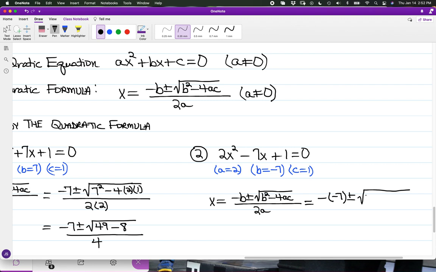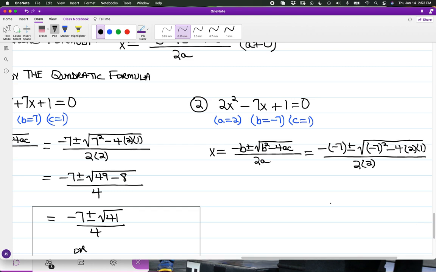Now for b squared, we have the square root of negative 7 squared, minus 4ac, so minus 4 times 2 times 1, again all over 2a, so that's going to be 2 times 2. It looks like we'll have a lot of similar history to repeat.